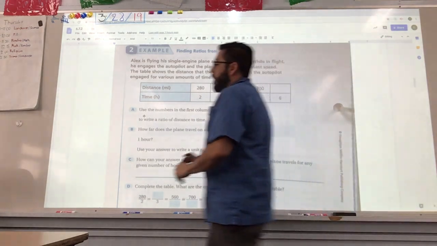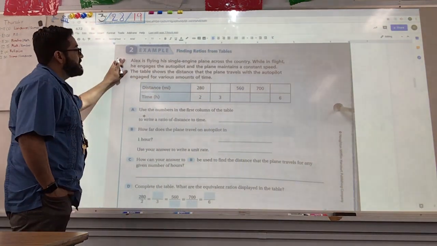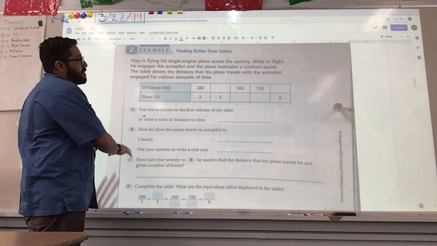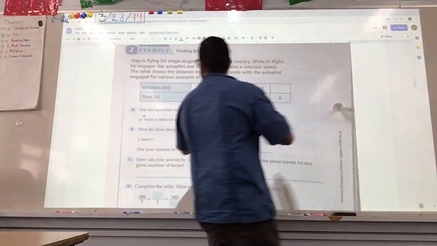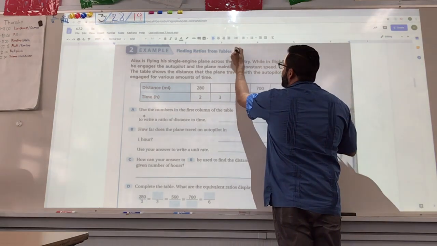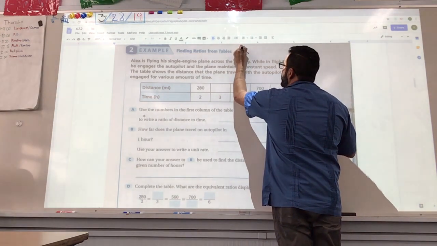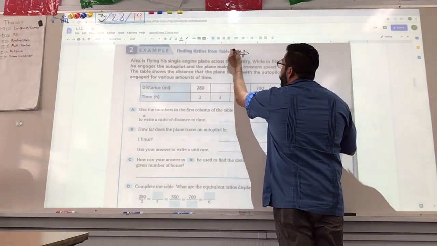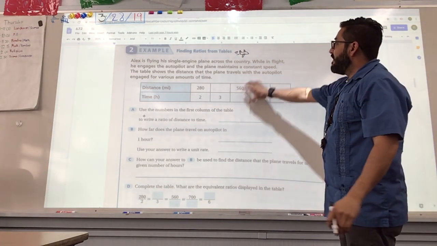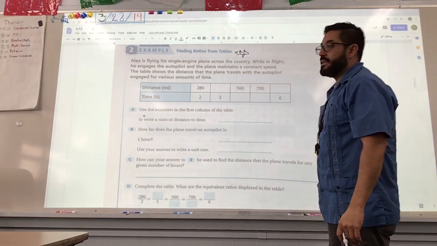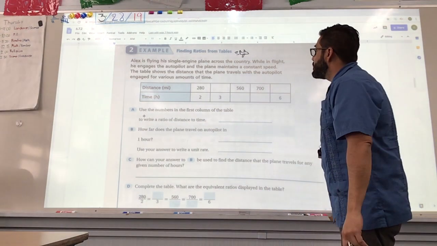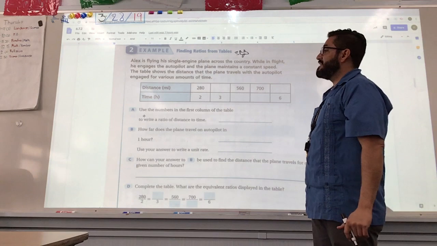Okay. Number 2, Alex is flying a single-engine plane across the country, okay? While in flight, he engages the autopilot. So he's flying in his little plane. Good job, Alex. He engages the autopilot and the plane maintains a constant speed. The table shows the distance that the plane travels with the autopilot engaged for various amounts of time.